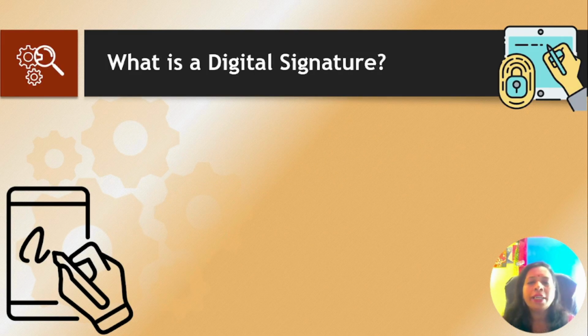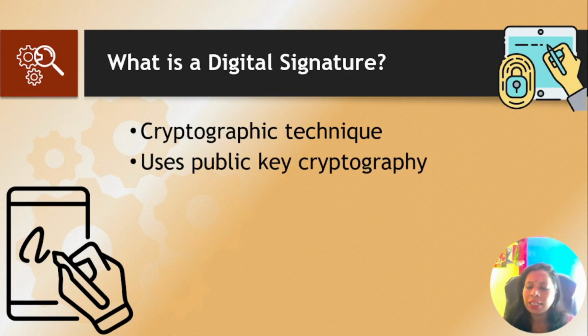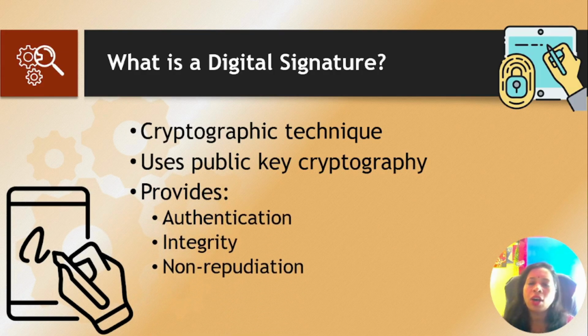So let's understand what a digital signature is. A digital signature is a cryptographic mechanism used to verify the authenticity and integrity of digital data. It is based on public key cryptography and it provides three important security services: authentication, integrity and non-repudiation.